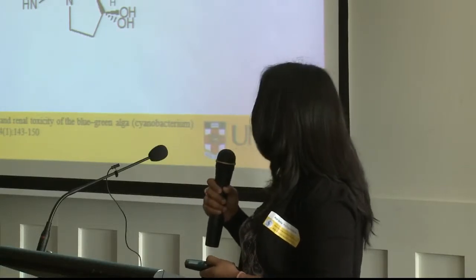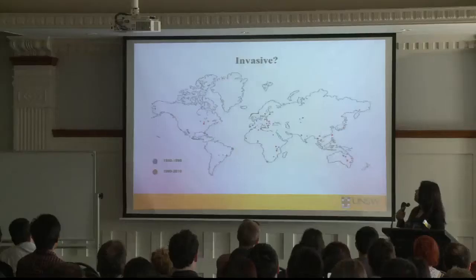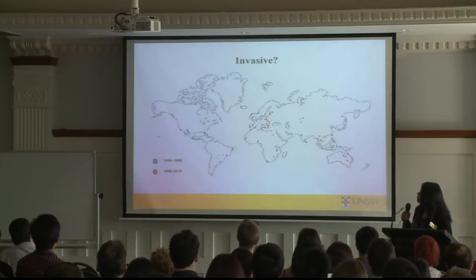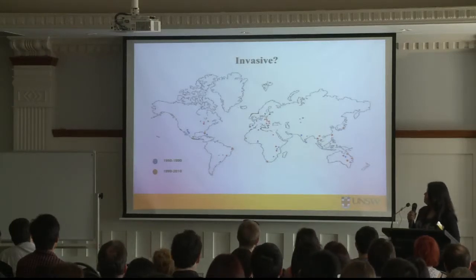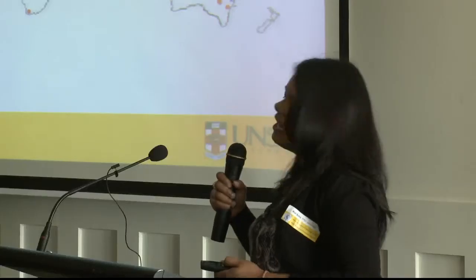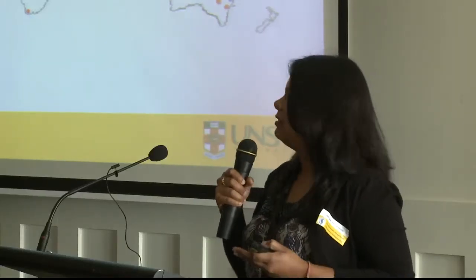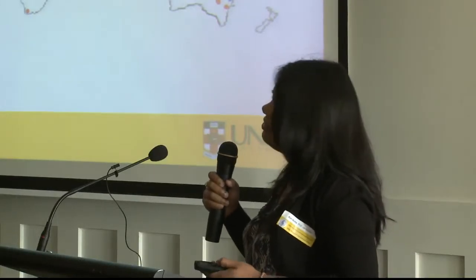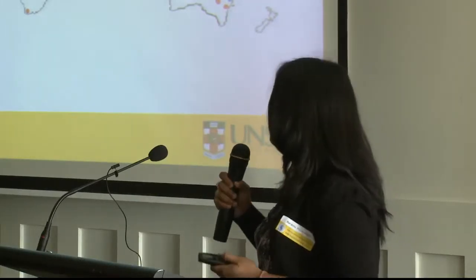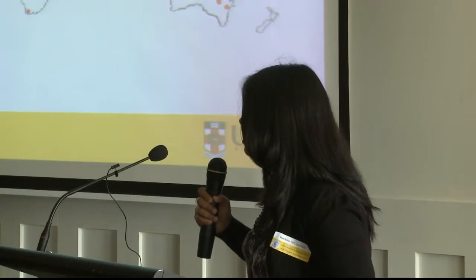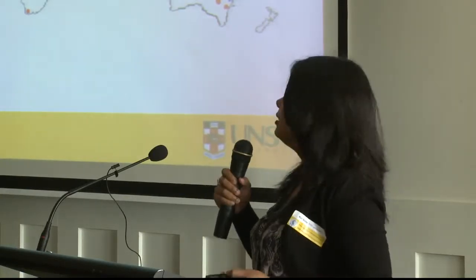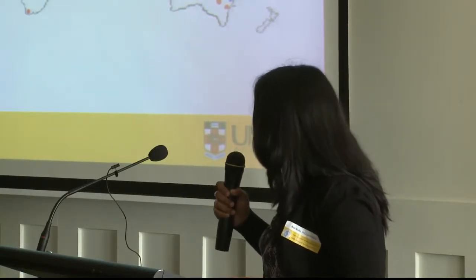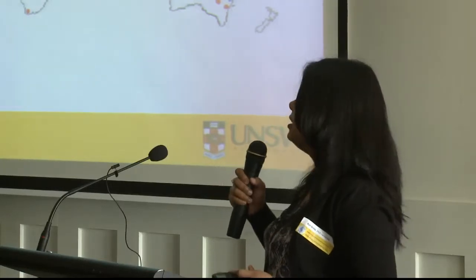Another reason: if you look at the blue spots, between 1950 and 1990 it was a tropical organism. It liked the nice warm weather, and in the temperate regions it was rarely found. Then, between 1990 and 2010, suddenly its occurrence in the temperate regions significantly increased.